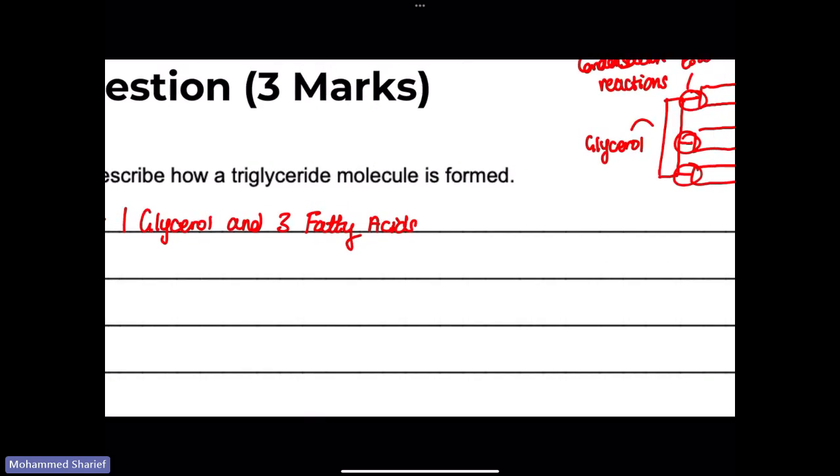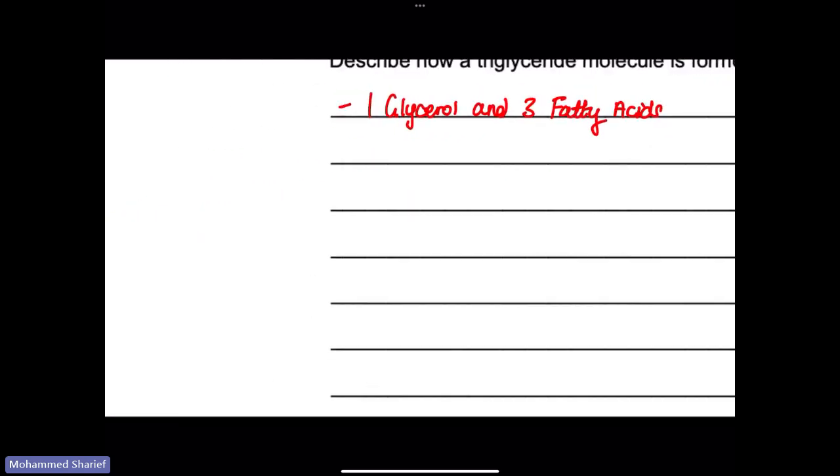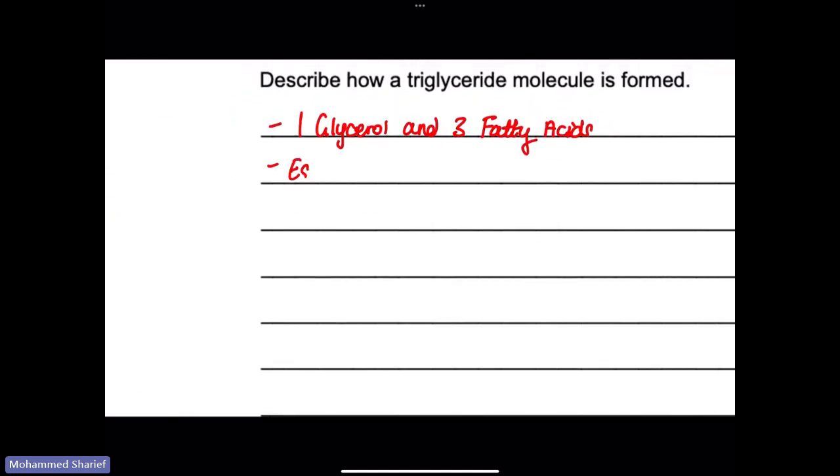What else? Ester bonds are formed. So we've done the glycerol and fatty acids, and ester bonds are being formed. How many ester bonds are formed? Three ester bonds. How are the three ester bonds formed?